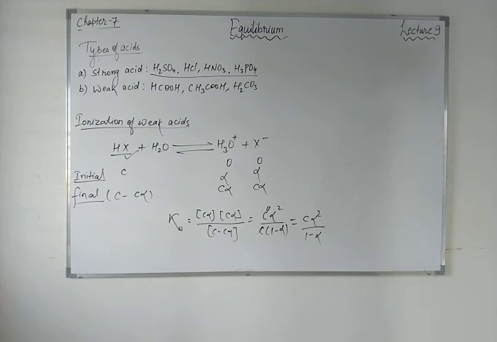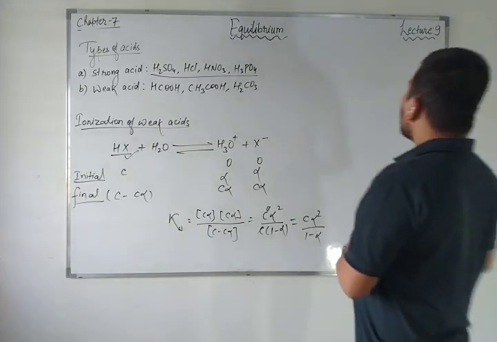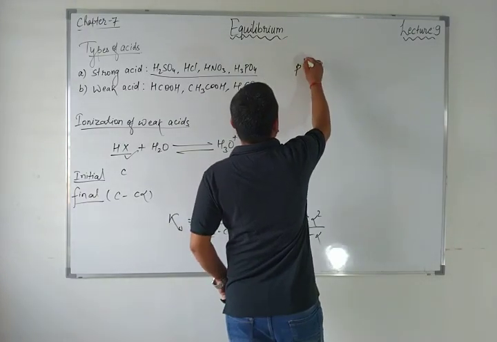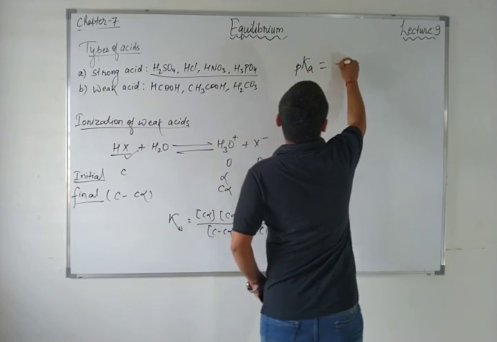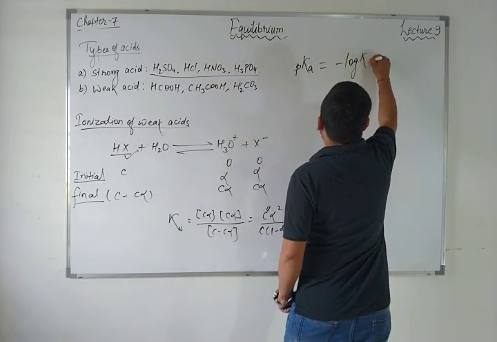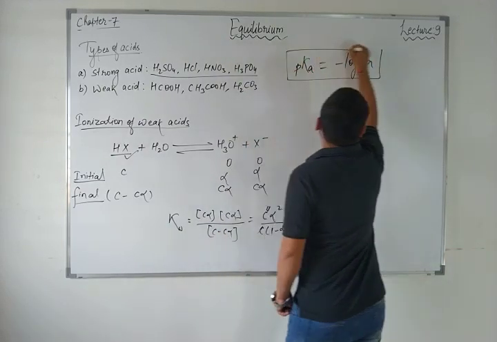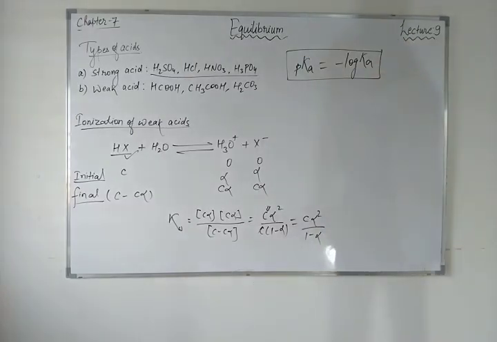So if you want to write this concentration's pH value, then pKa of weak acid or strong acid is minus log Ka. So this is the pKa, the negative log of the dissociation constant of acids.